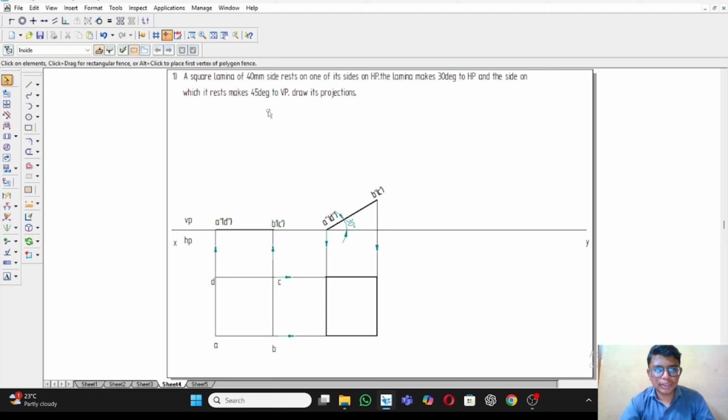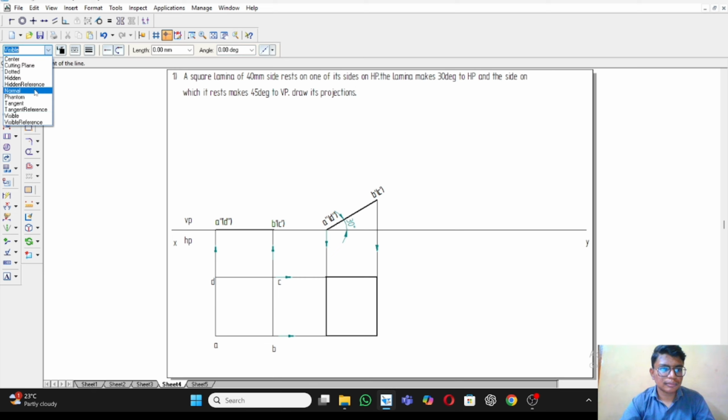We will go to the third projection, which rests making 45 degrees to VP. Let's select a line, normal line. We have to select a point. Angle is 45 degrees.